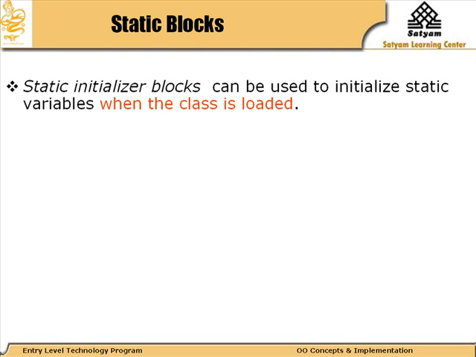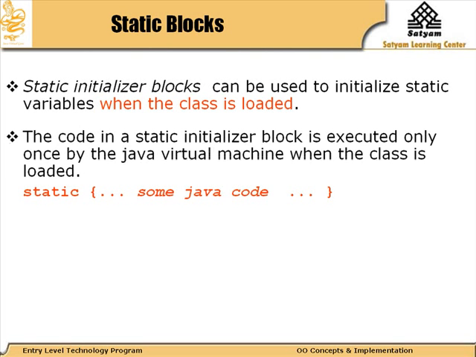Static blocks. Static initializer blocks can be used to initialize static variables when the class is loaded. The code in the static initializer block is executed only once by the Java virtual machine.